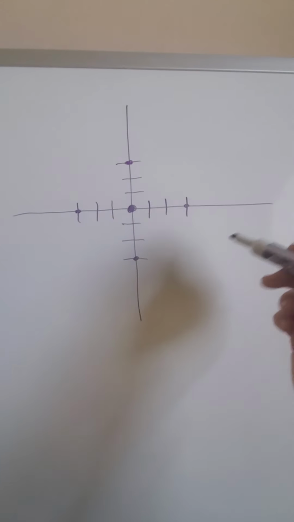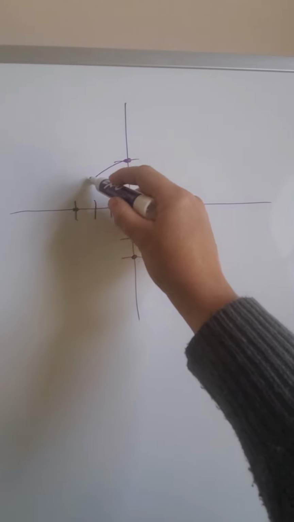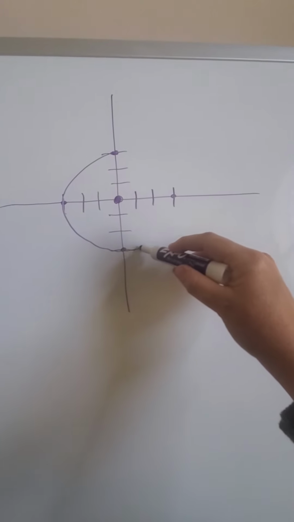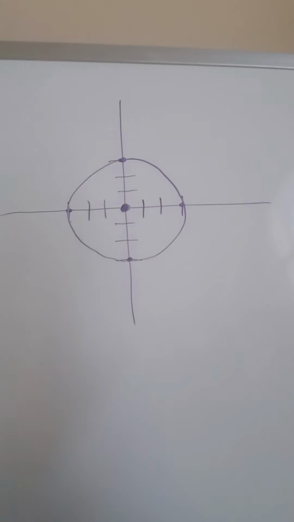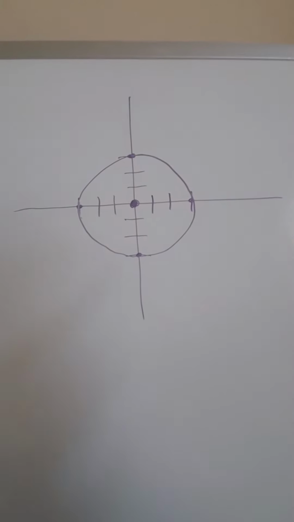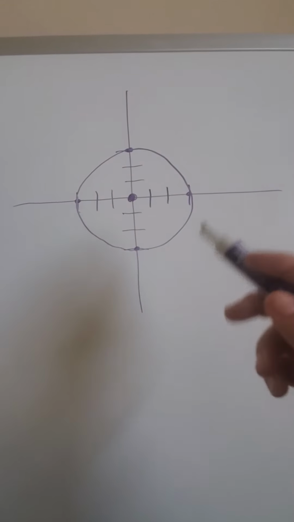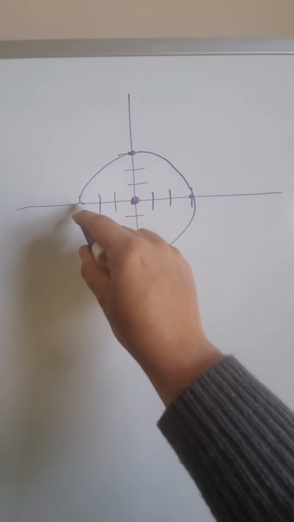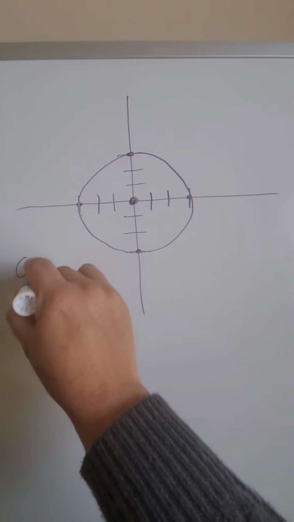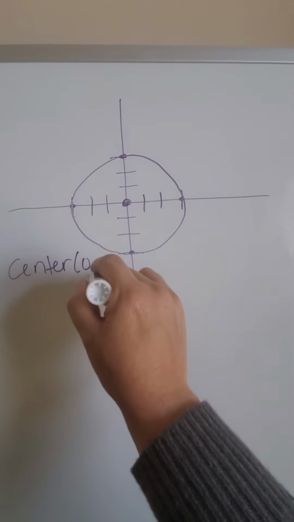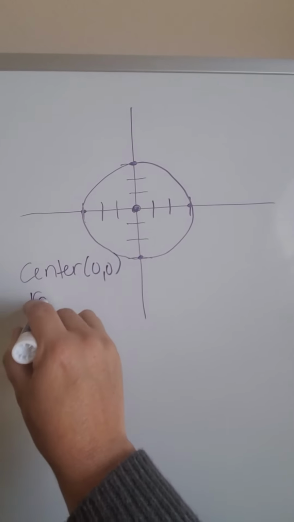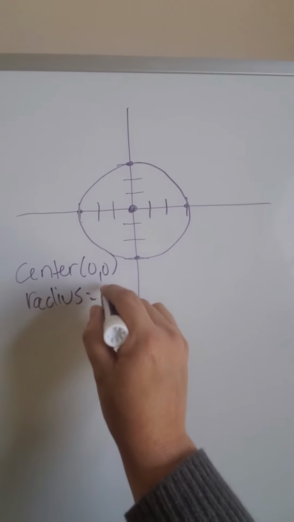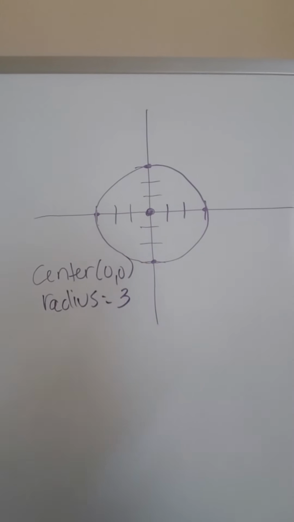It's consistent all the way around. I'm going to try to connect these as best I can. Like I said, it's not going to be a beautiful circle, but it's really not too bad for freehand. All right, so anyway, this circle would have a center of 0, 0 with a radius of 3 units, okay?